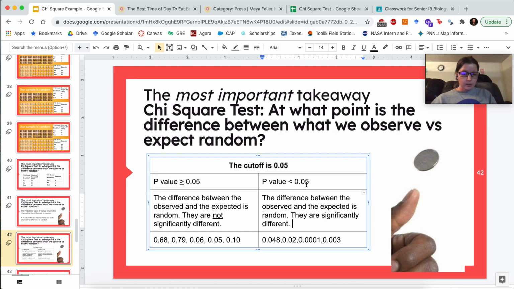But if it's less than 0.05, if it's 0.048, 0.02, 0.0001, the difference between the two groups is random, and they are significantly different. This should say is not random. Sorry about that. The difference between the observed and the expected, the two groups, is not random, and they are significantly different.